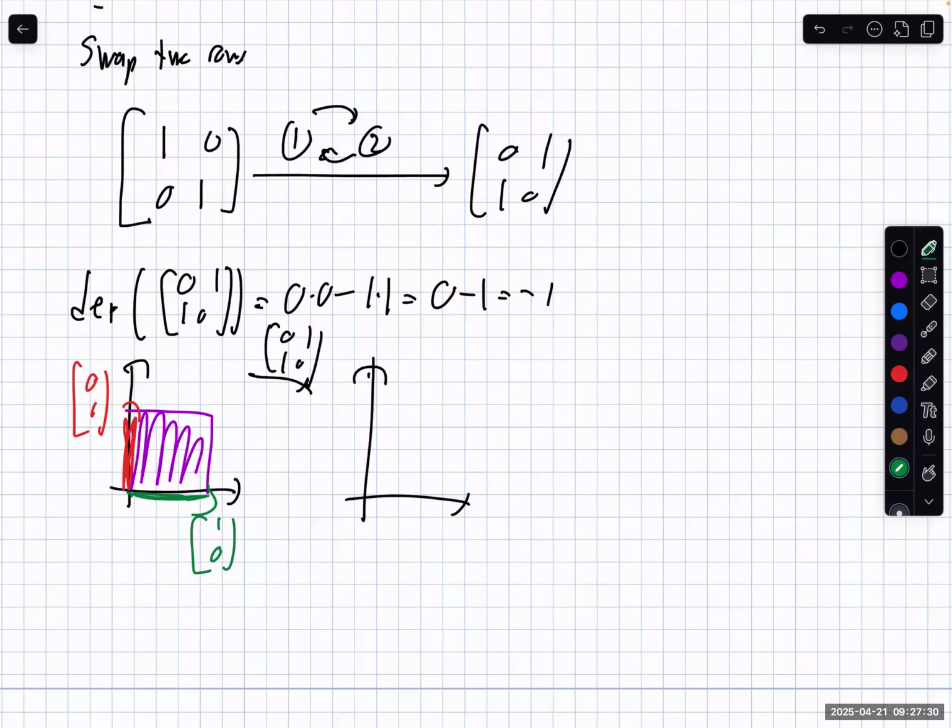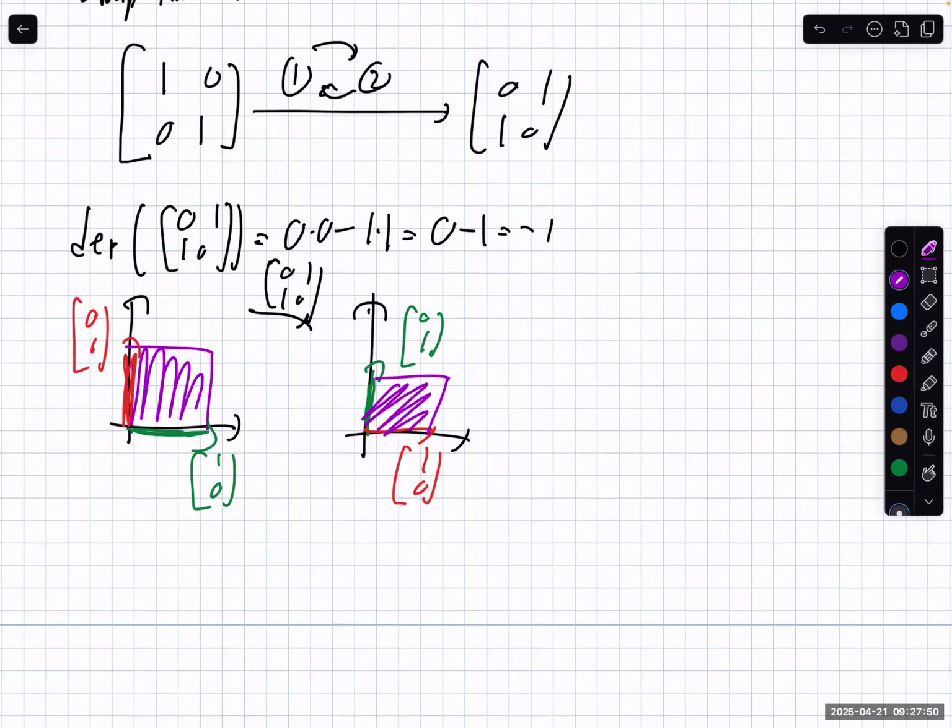So that's just going to swap the rows. So it's the same shape, but notice as I go from x-axis to y-axis in the original, this is counterclockwise.